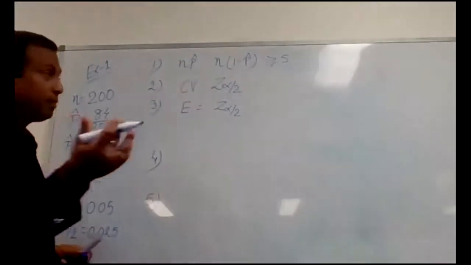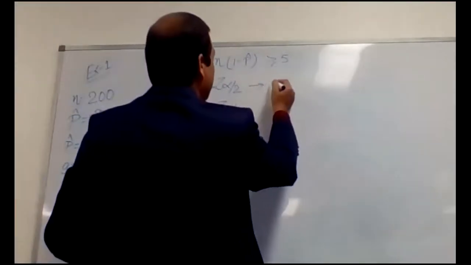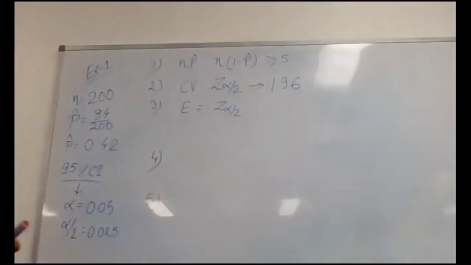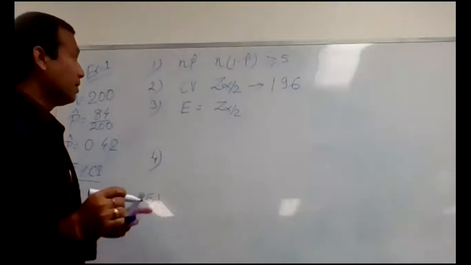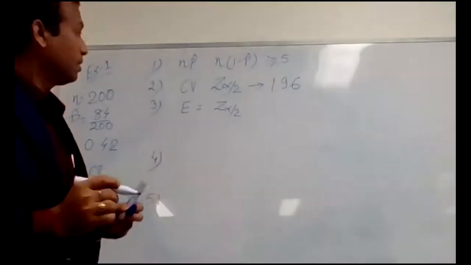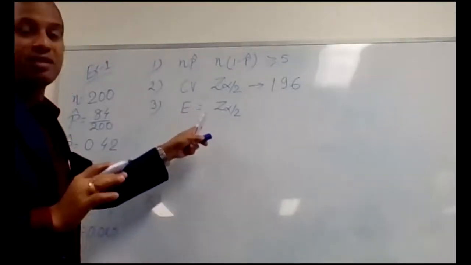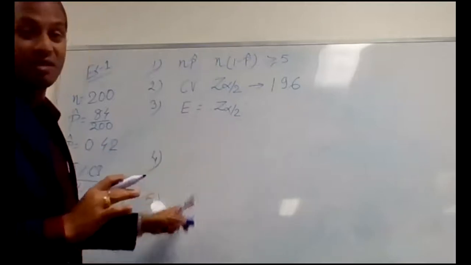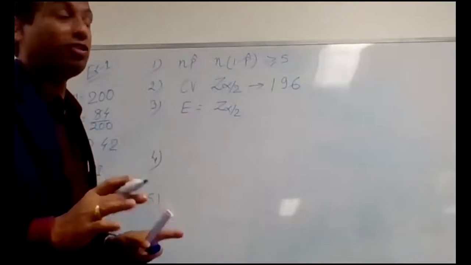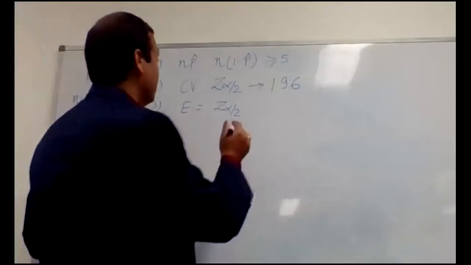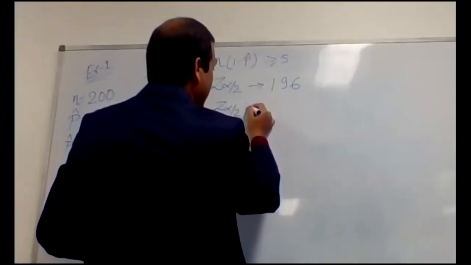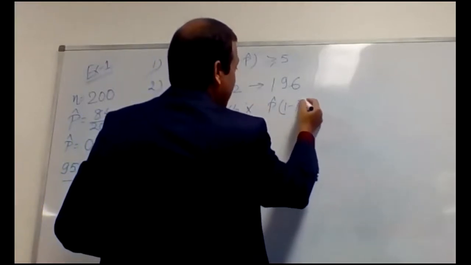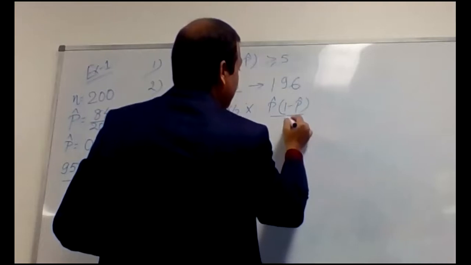Again, with the table, you will get the Z alpha by 2, same as the previous one, 1.96. Step number 3 is more important. If you make a mistake here, your answer and interpretation, everything will be wrong. So be more careful.